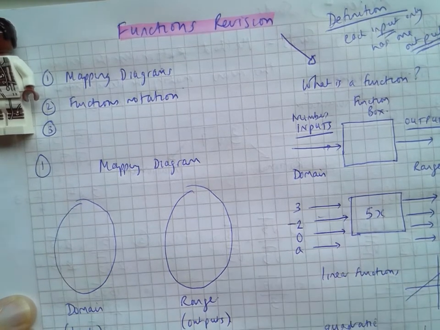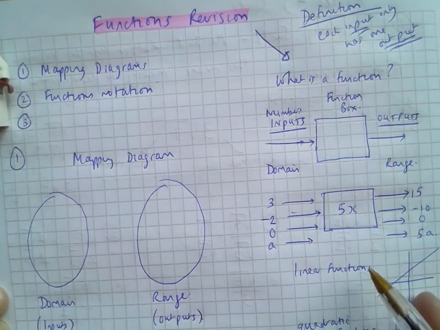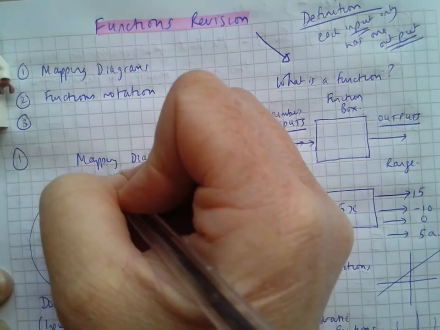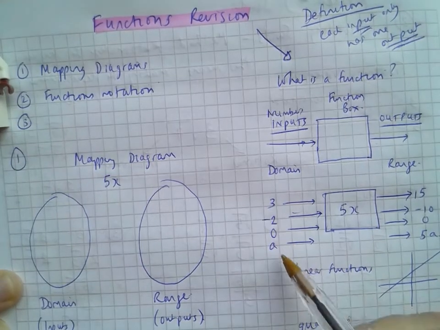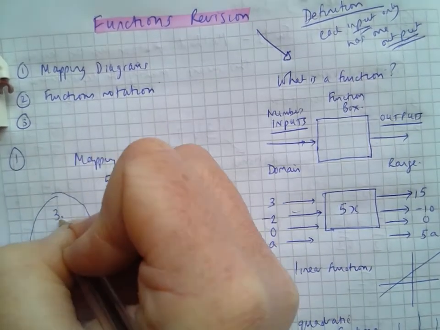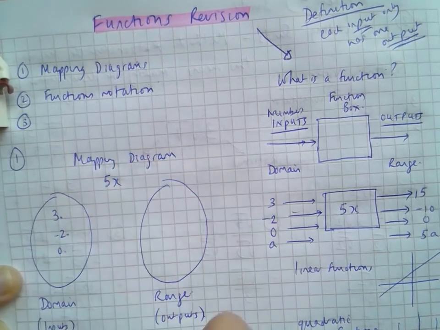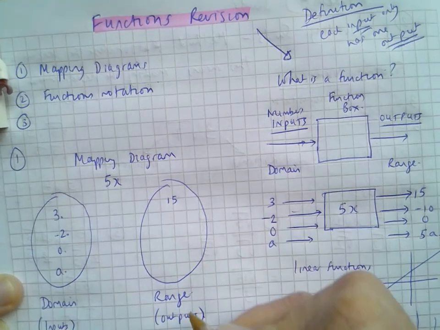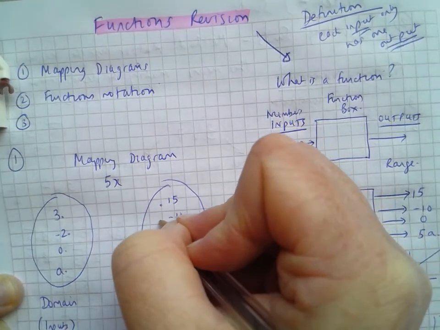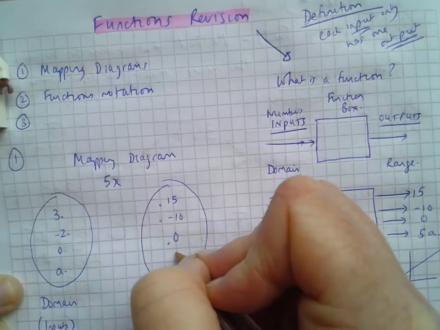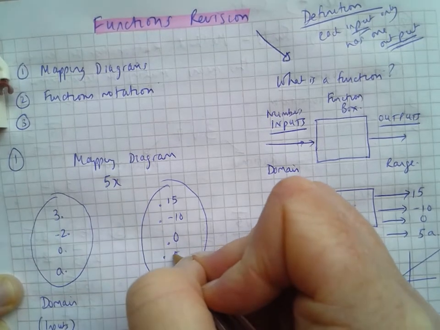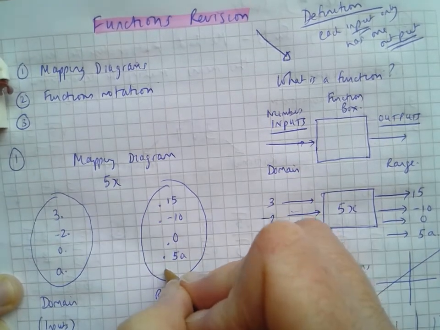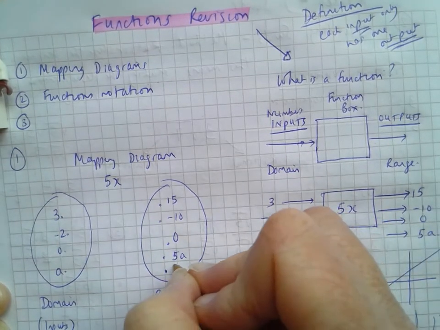So if we take our function 5x, our domain was 3, minus 2, 0, and a, and our range was 15, minus 10, 0, and 5a. Now let's just put another number in there, say 20, and I'll explain that in a moment.